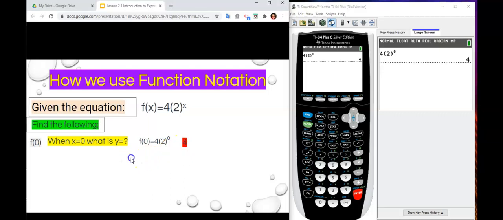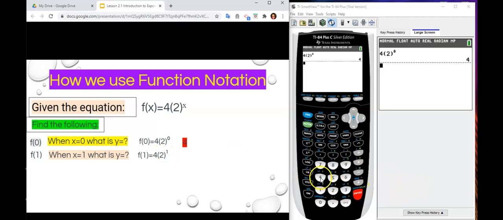Okay, now, same thing. I want you to find f of 1. So that means that when x is 1, we're trying to find what our y value is. Okay, so everywhere in this equation now, where I see x, I'm going to replace that with a 1.